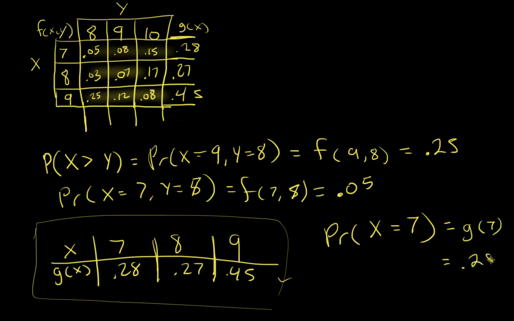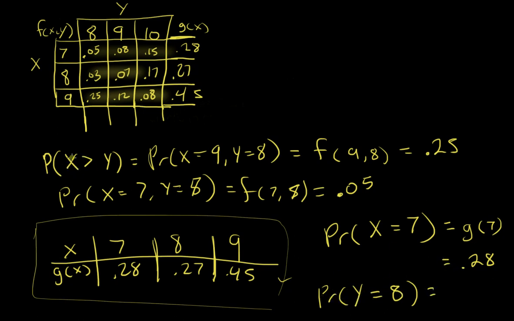So this is 0.28. Now, what about the probability that y equals 8? Even though I didn't actually calculate the marginal for y, now that I have to find a probability involving only y, I need to now find the marginal of y, right?